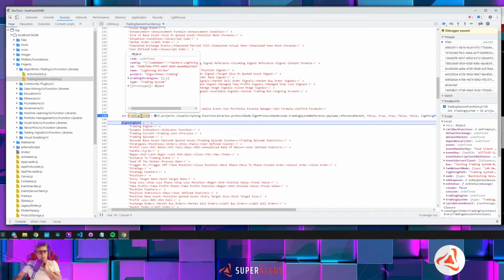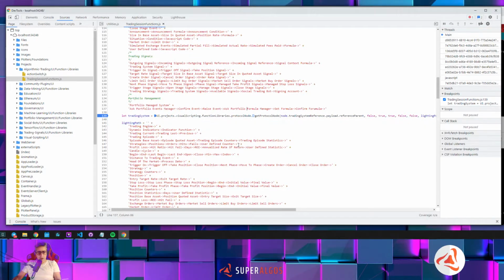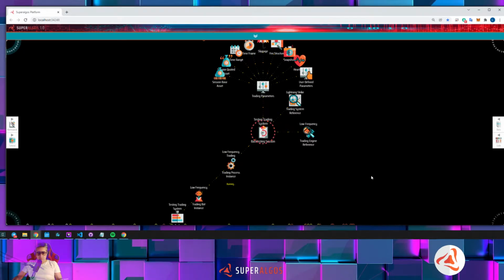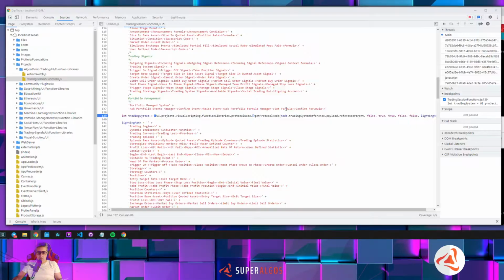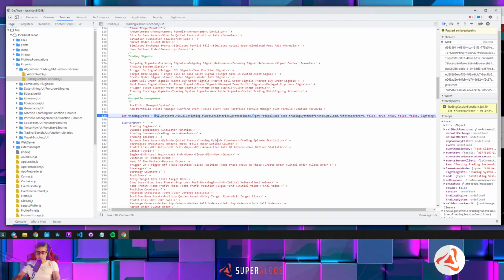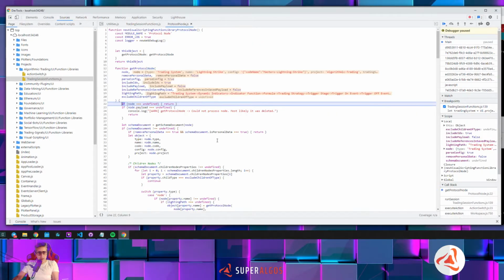And let's see. Trading strategy, yes, but no portfolio manage system. Okay. We will run it again. We will have to debug this.